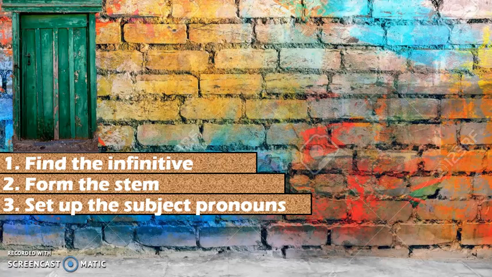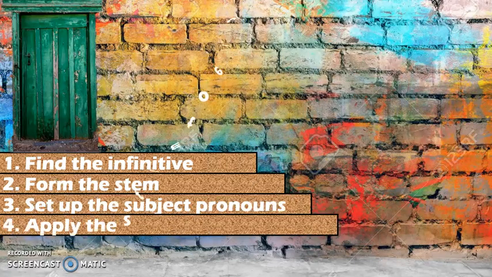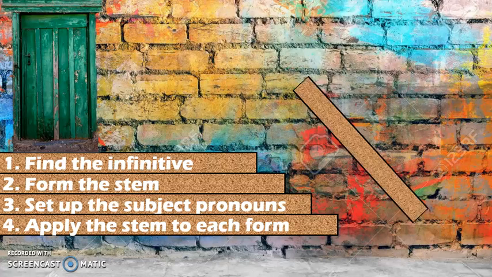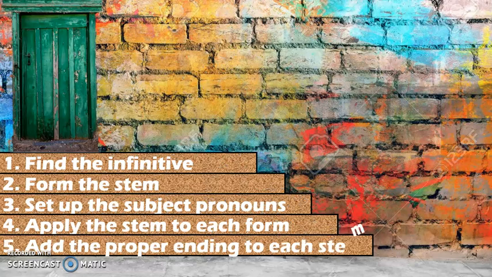And I'm going to show you how you set those up to be used in conjugating verbs. Step 4 is to apply the stem to each form. Every verb form has to have the verb stem. And then finally, step 5 is add the proper endings to each stem.